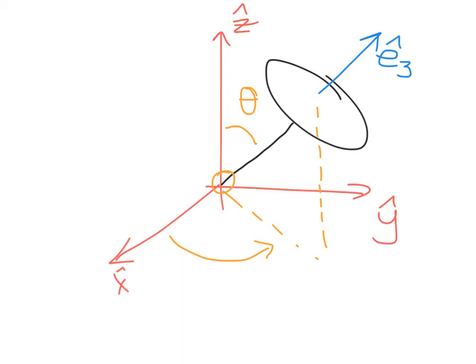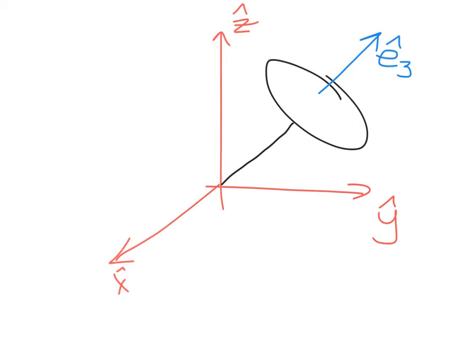And then of course we have motion about the E3 axis. It's going to look like that, and that is the psi angle. So each of these angles will have some form of motion associated with it, and we need to keep track of all three.